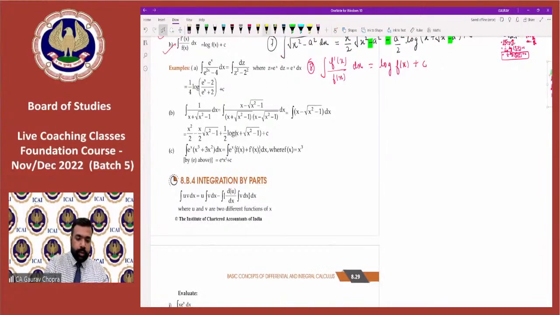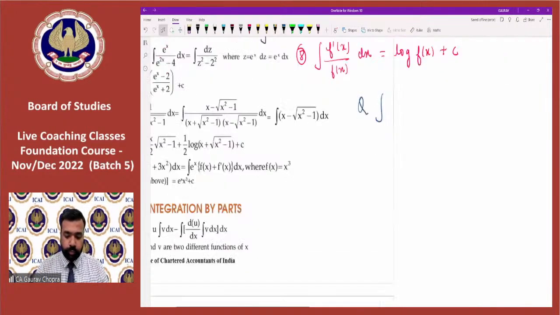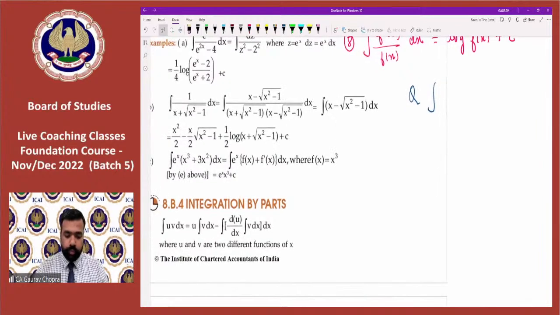So C part. C part says integration of e to the power of x and then x cube plus 3x square and then dx.